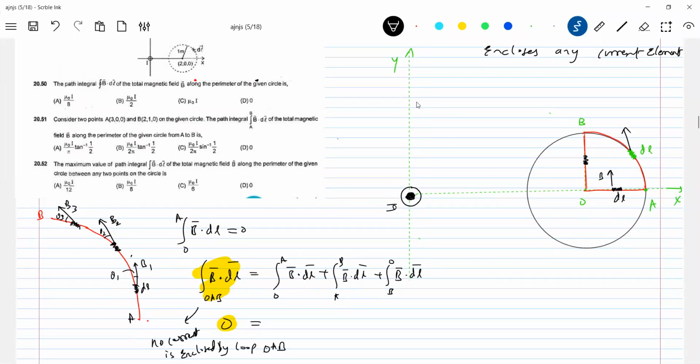Now come to this. Integral OA: the problem here is that B is non-zero and dl is non-zero, but the angle is 90 degrees. And this other one we cannot find, it is an unknown thing. Okay, let's see what options are left over for us. So this should be 0 equal to 0 finally.